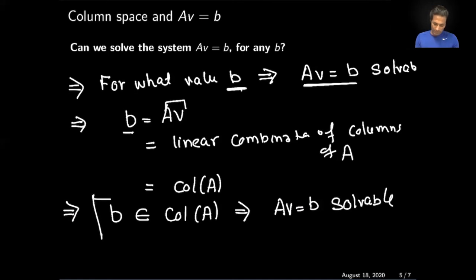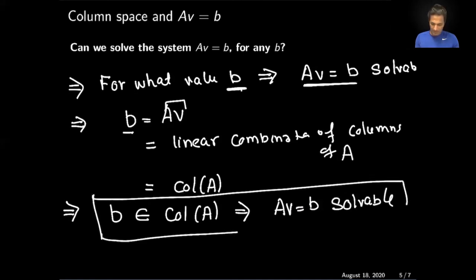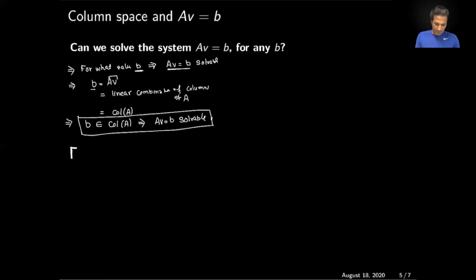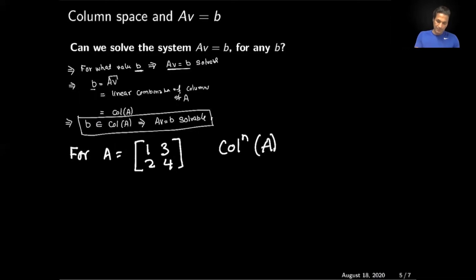This is our main result of this section: if you can find b in the column space of A, then you can solve the linear system Av equals b for that b. For example, if I take my matrix A equal to 1, 2, 3, 4, I know the column space of this matrix is the whole R2.